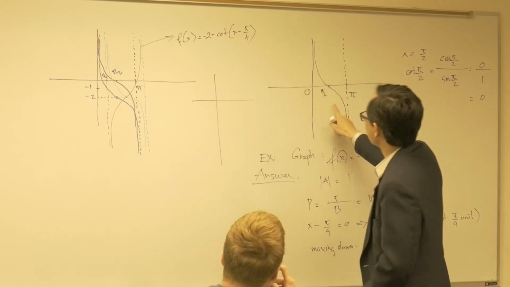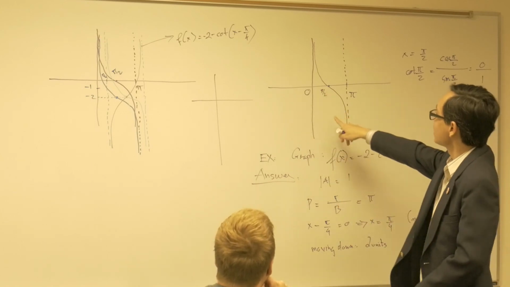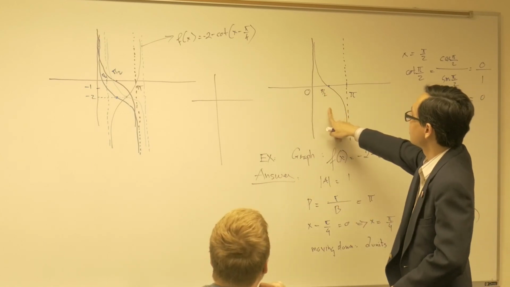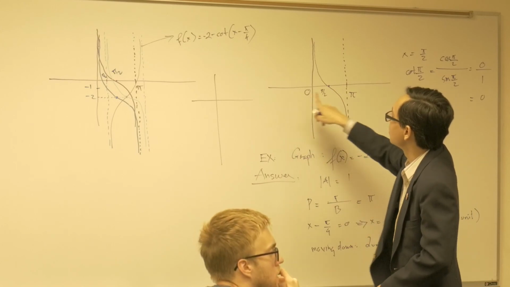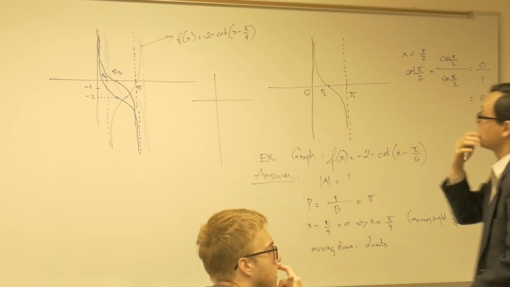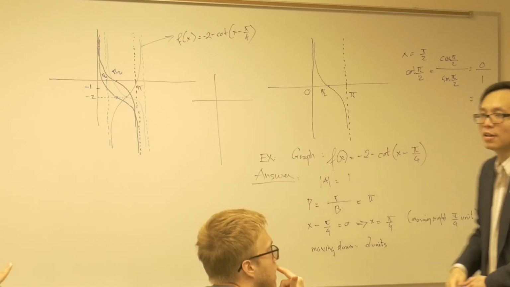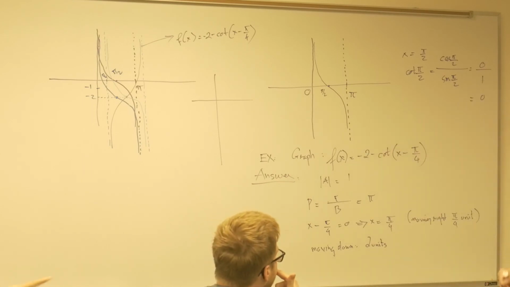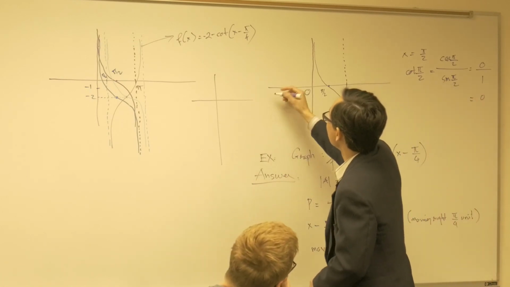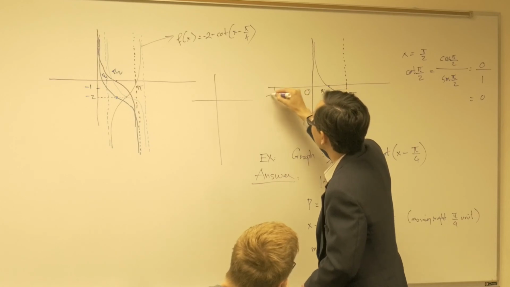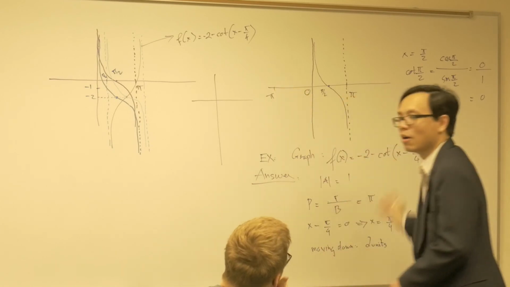So her question is why the graph of the cotangent parent function is not between negative pi over 2 and pi over 2, but between 0 and pi. Because if the period were between negative pi and pi, the period is not pi anymore.